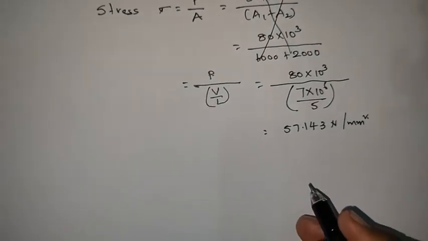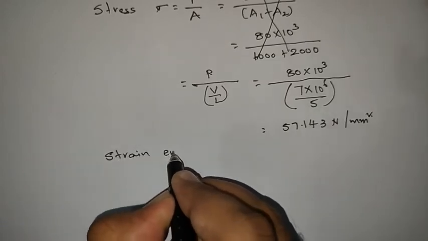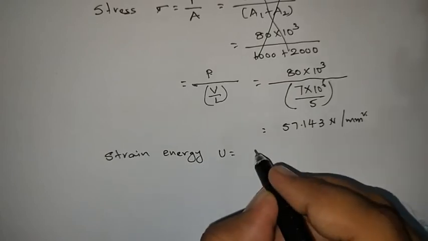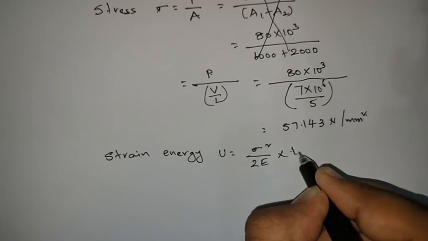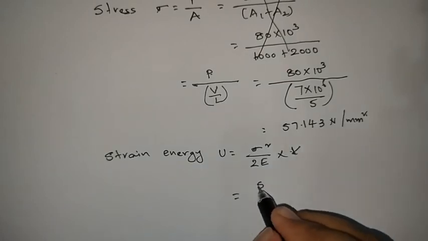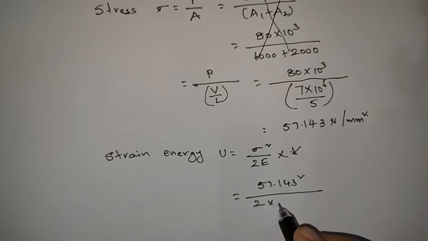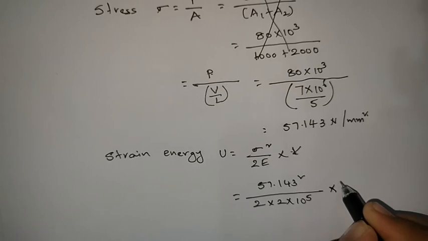Next, calculate the strain energy. So strain energy stored U will be equal to sigma square by 2E into V. So sigma value is 57.143 square by 2 into 10 power 5 into total volume 7 into 10 power 6.